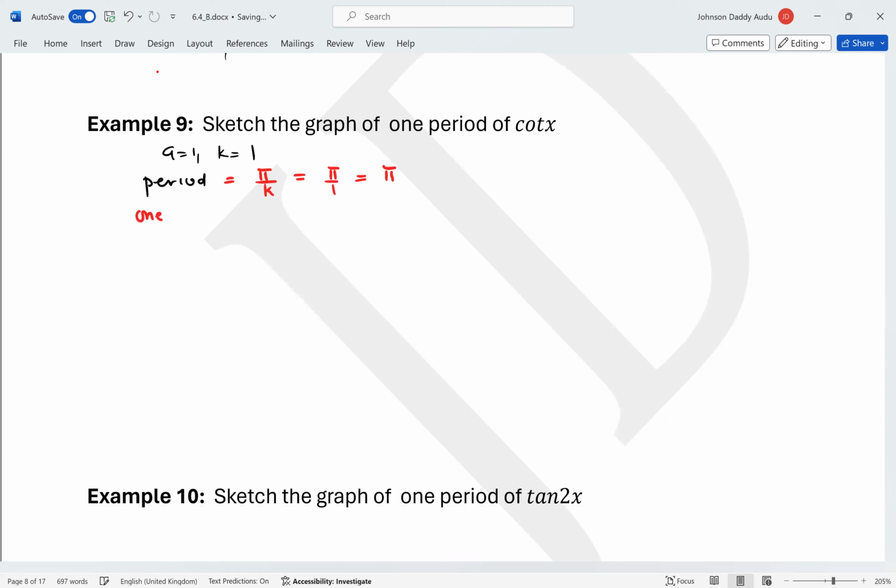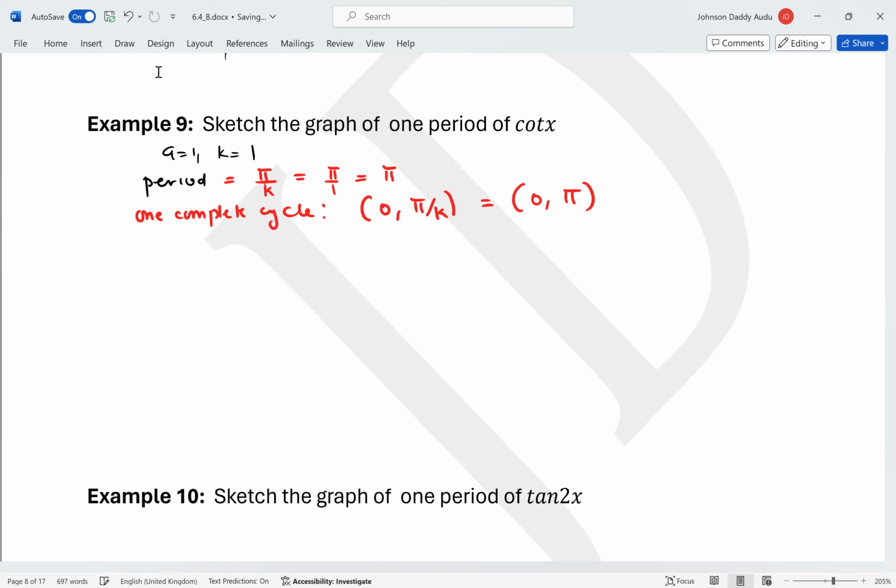Then one complete cycle will be from 0 to pi over k. So what does that mean? It means this is going to be from 0 to pi.